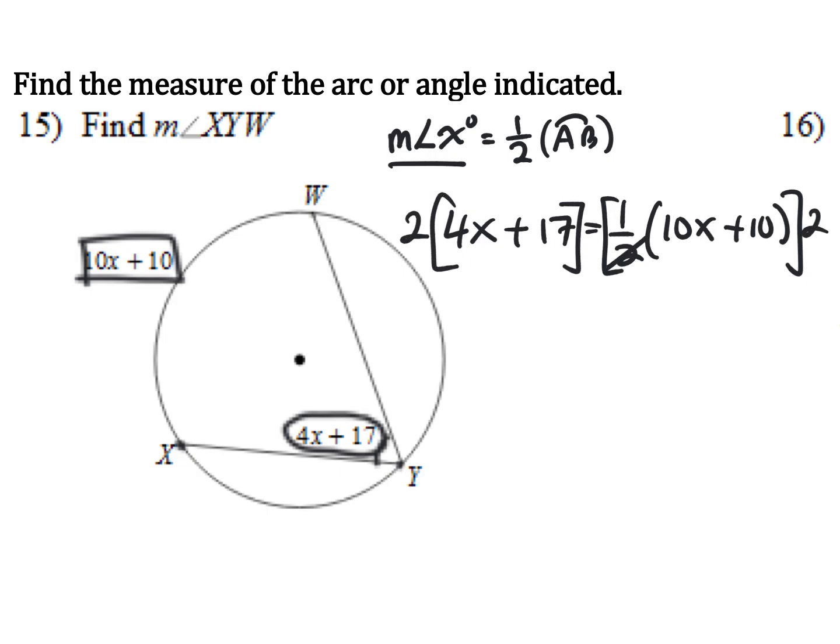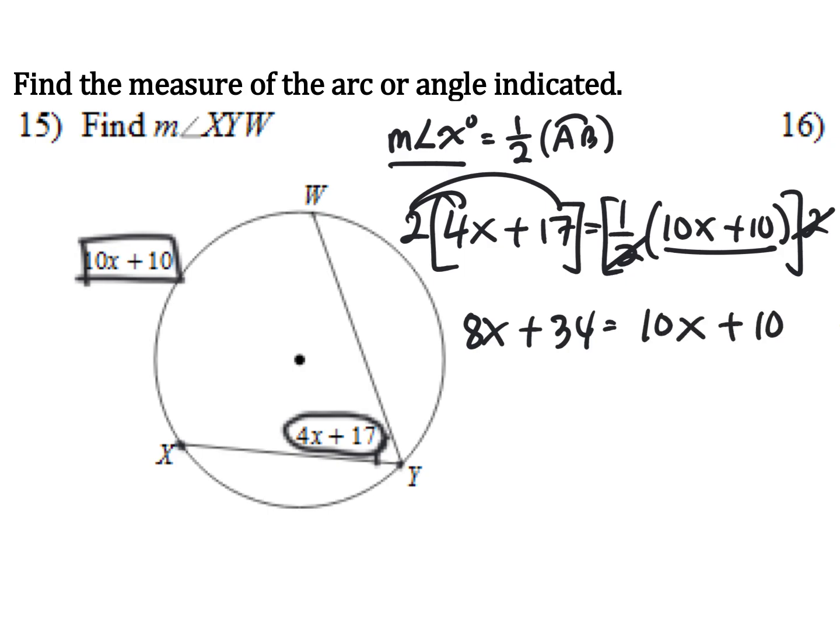So this will be cancelled out. Here we're going to multiply this one. So 2 times 4x is going to give you 8x. 17 times 2 is going to give you 34. Now, what is left in here is just 10x plus 10.